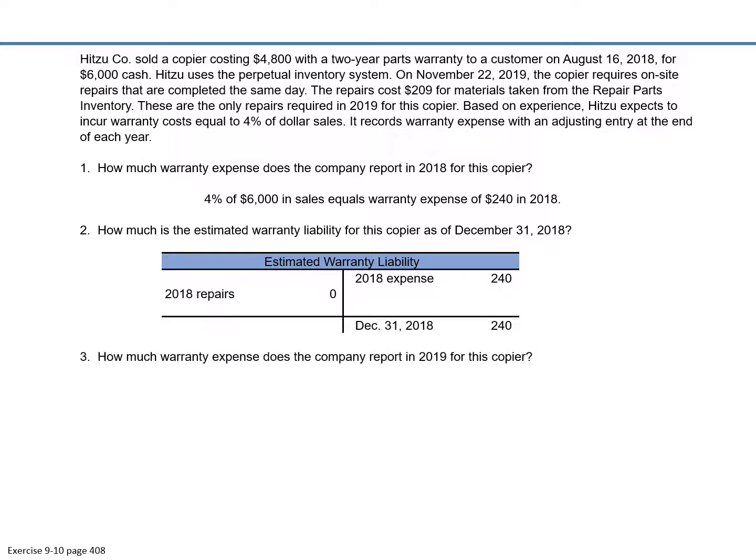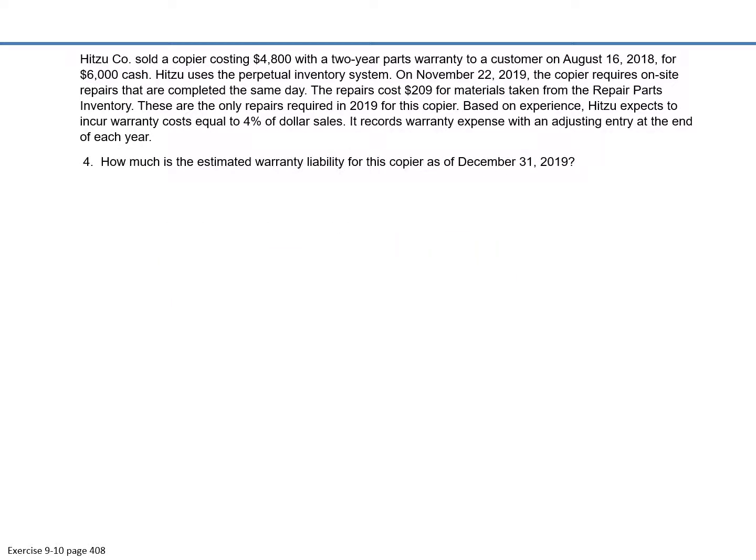Then in question 3, how much warranty expense does the company report in 19 for this copier? So let's see, we didn't sell it in 19, so there's no warranty expense reported in 19. So in question 4, how much is the estimated warranty liability for this copier at December 31st, 19?